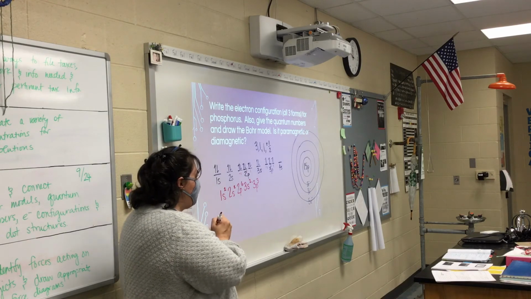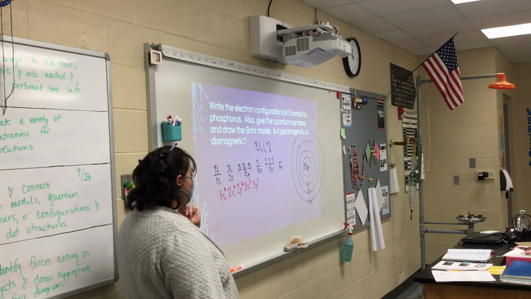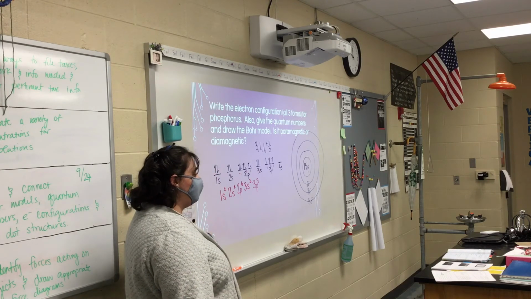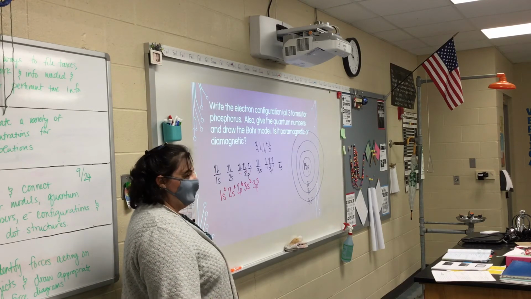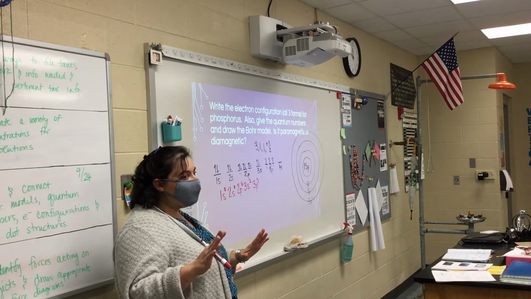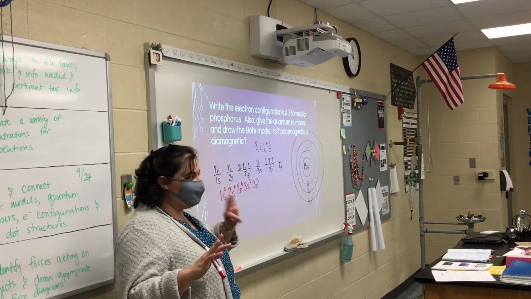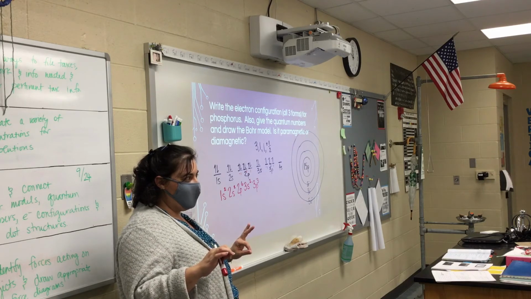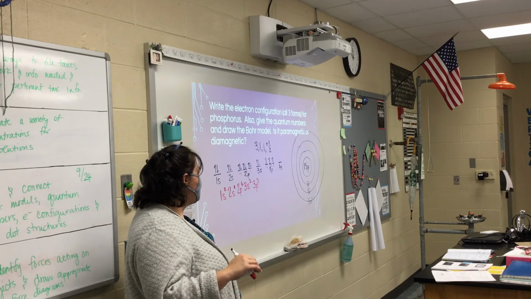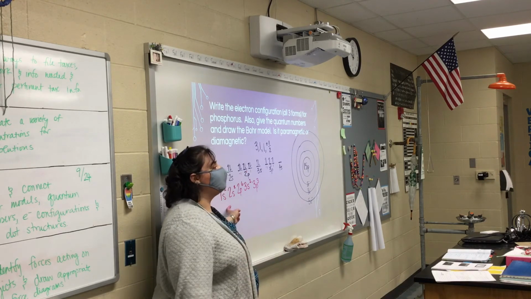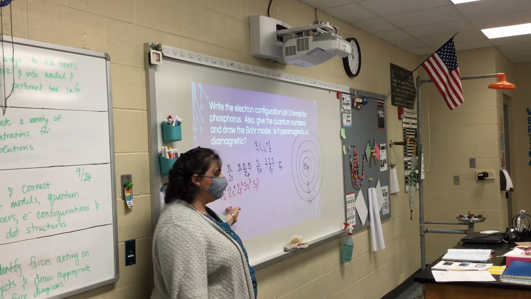Yes, Samira? On a test, would you show both? You will give me all 3. Okay? Any questions about this one before we go on to the third one, which is the noble gas notation? Bridget? What is the red one called? This is the electron configuration notation. Okay?